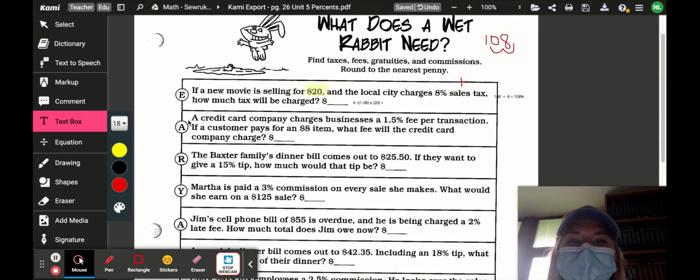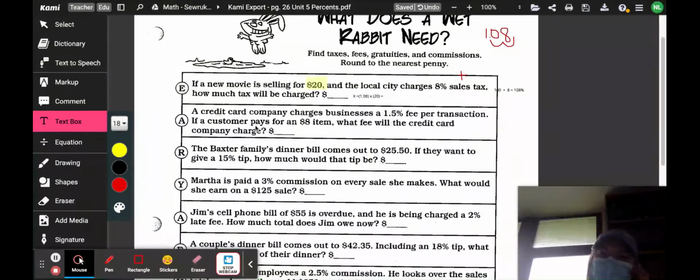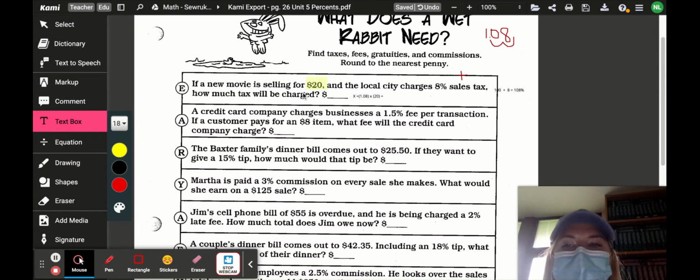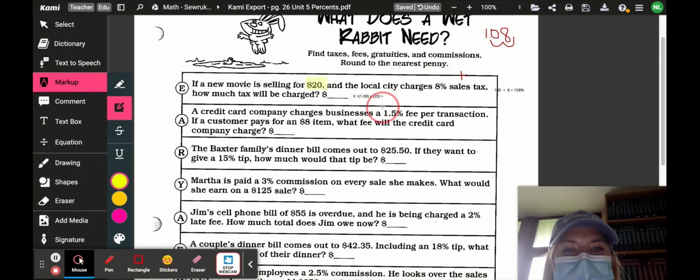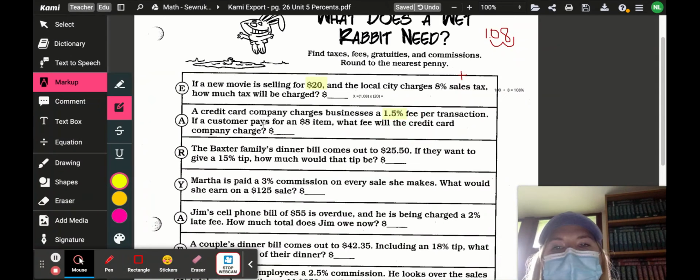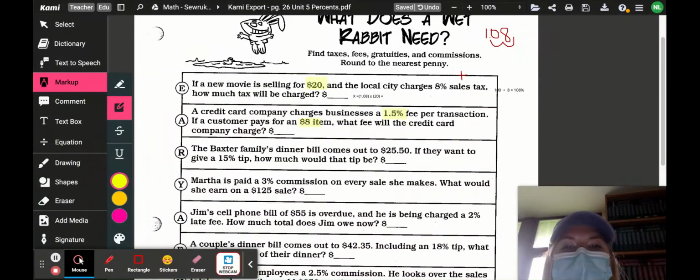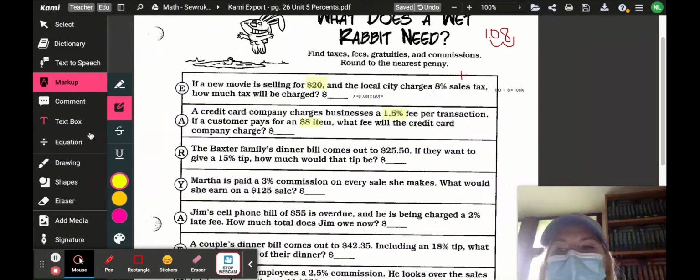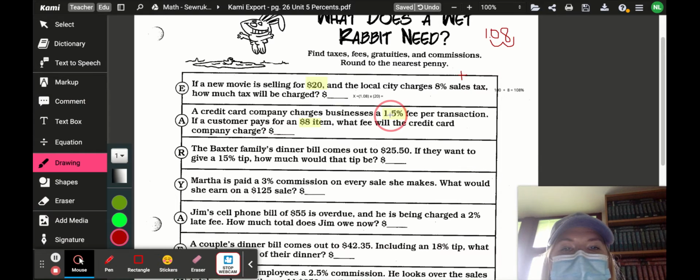Just remember that. A credit card company charges businesses a 1.5% fee per transaction. I'm going to highlight that. That's in a percent. If a customer pays for an $8 item, what fee will the credit card company charge? So for this, you're going to want to make sure that it looks like a decimal, but it's actually a percent, and you have to move the decimal over 2 places.